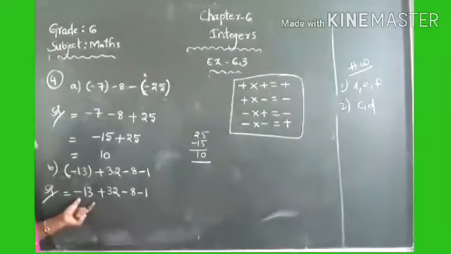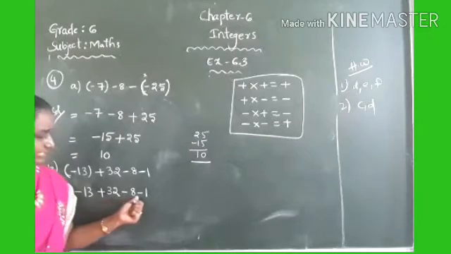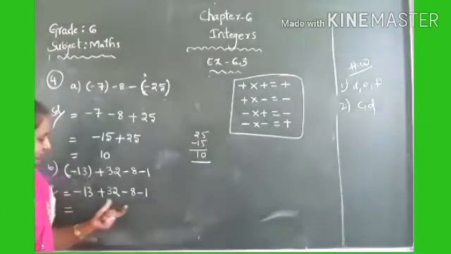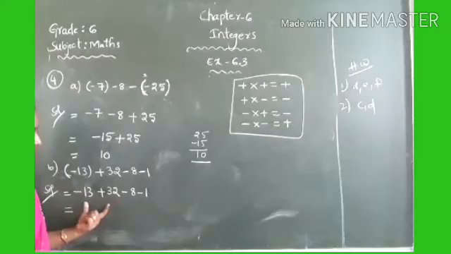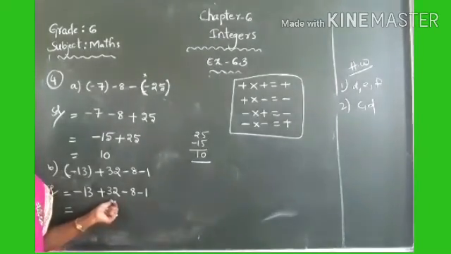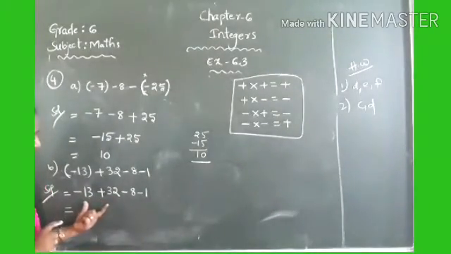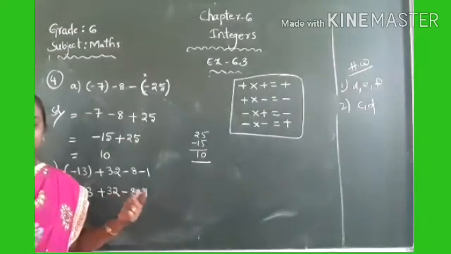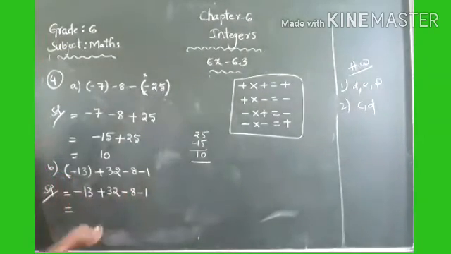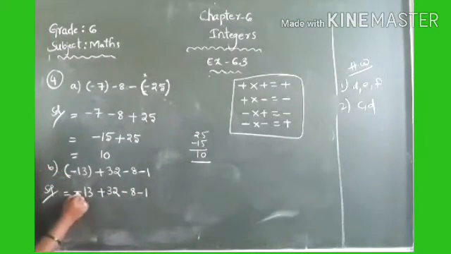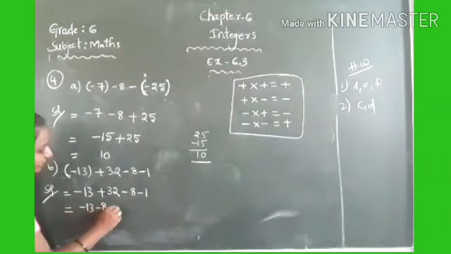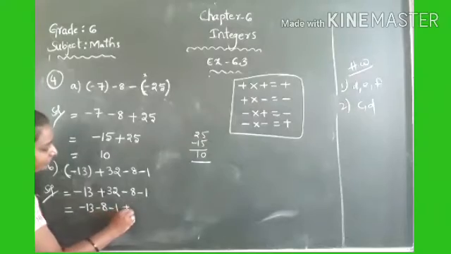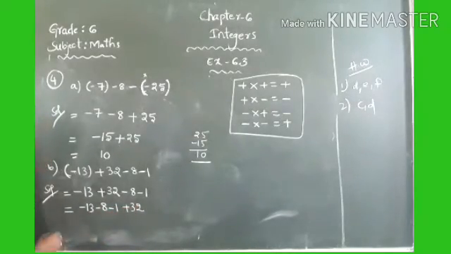Observe here, 3 negative integers. What I said: if integers contain the same sign, you should keep them on one side. So here minus 13 and here minus 8, minus 1, and the positive integer, that is 32.